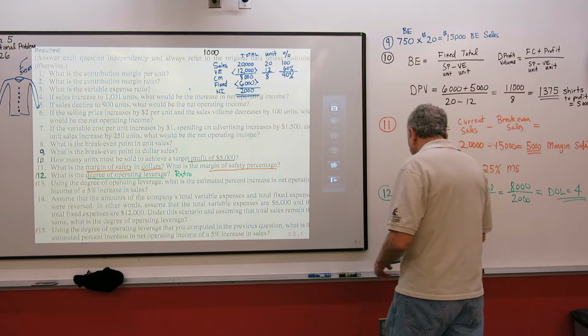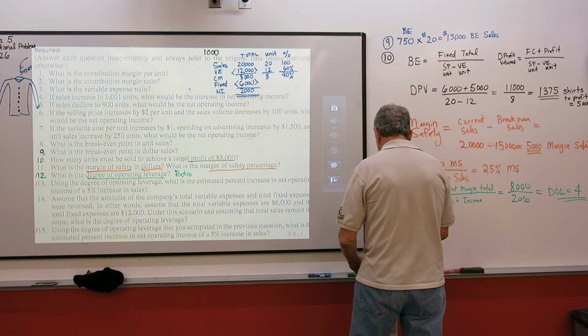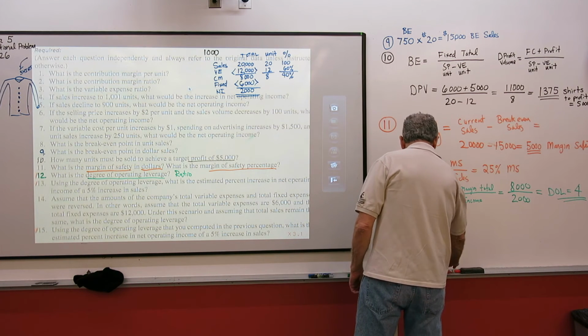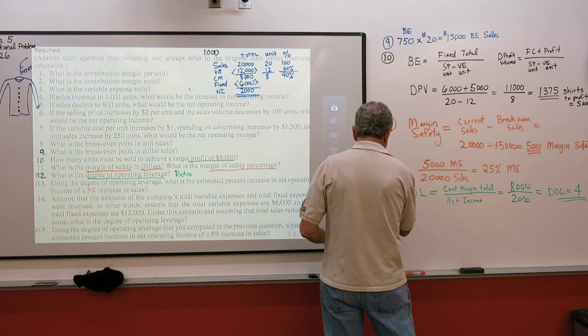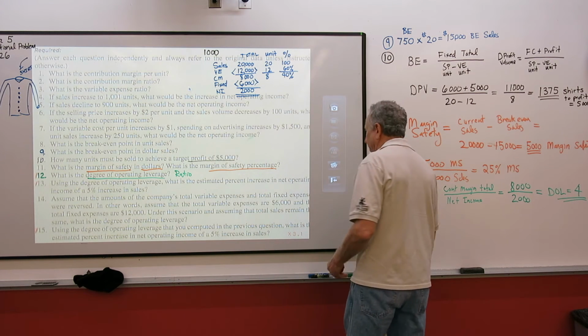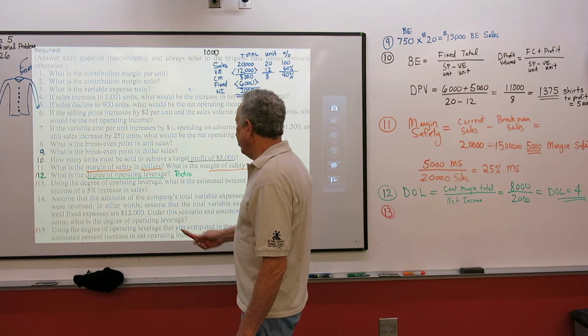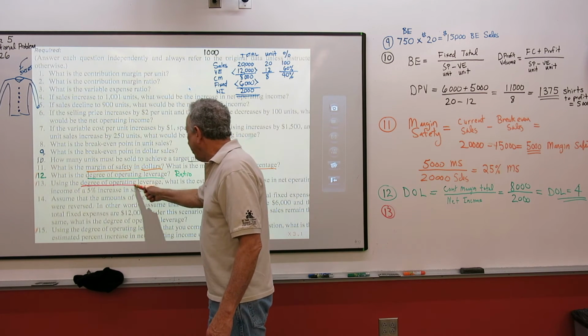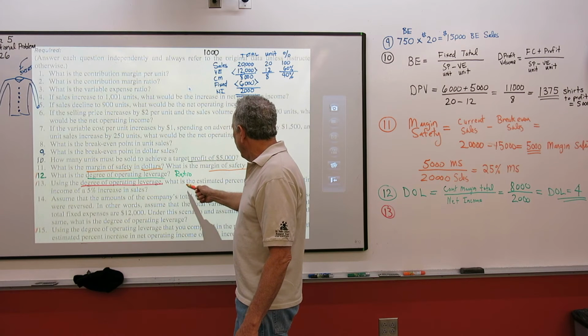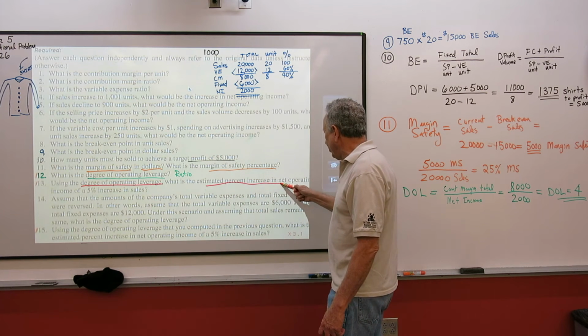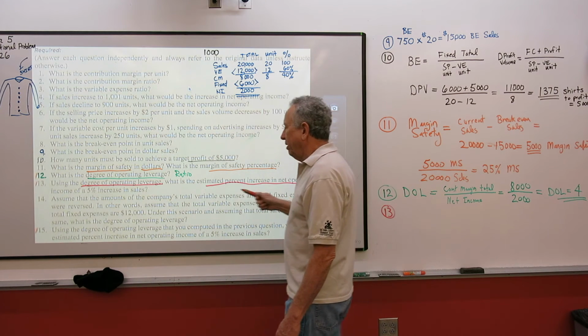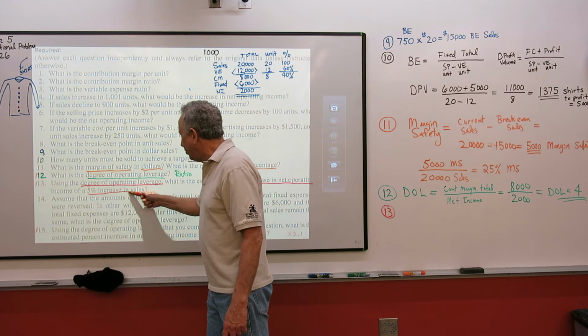Let's see, I think they asked us a fairly simple one in 13. Let's take a look at 13. Using the degree of operating leverage, what is the estimated percent increase in net income if there's a 5% increase in sales?